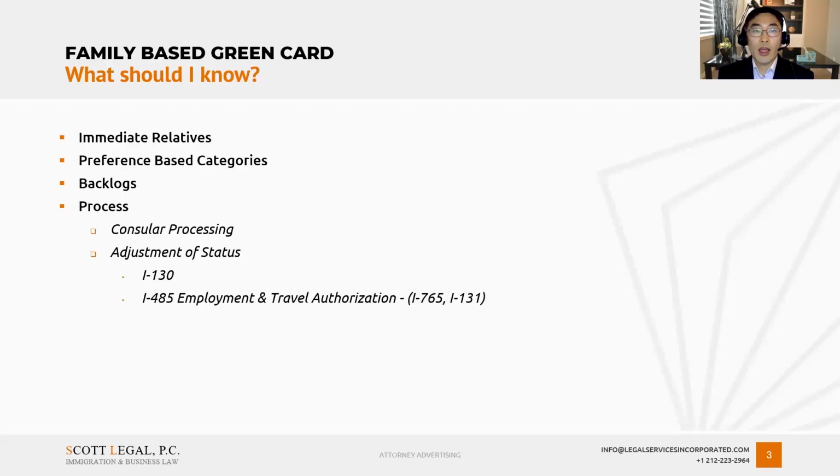For example, for the F4 category, which is for the brothers and sisters of U.S. citizens, unfortunately, you need to wait almost 17 years nowadays. Not 17 months, but 17 years.